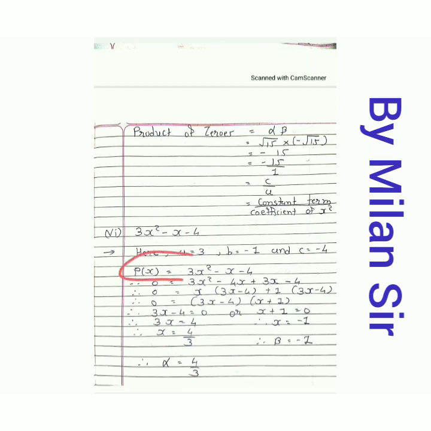Then p of x, 3x square minus x minus 4. Put the value 0 in place of p of x and use the middle term splitting method. Multiply the first and third terms, means the coefficients of the first and last terms. 3 multiplied by minus 4 becomes minus 12. Now we need to find two factors of 12 whose subtraction gives 1.